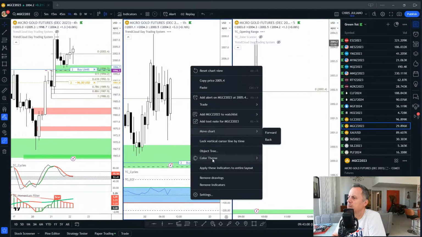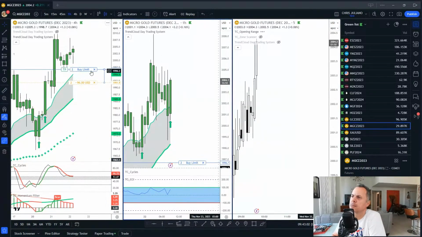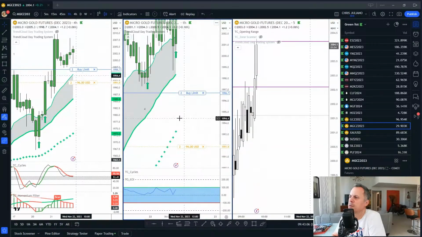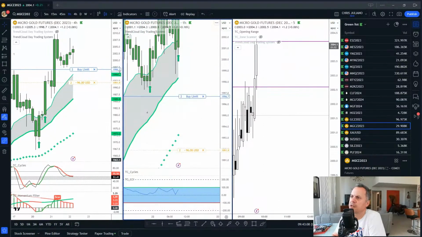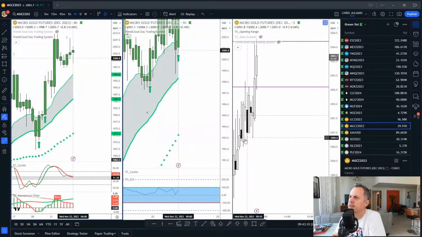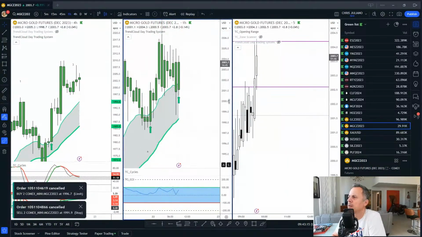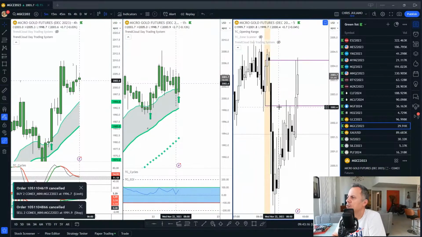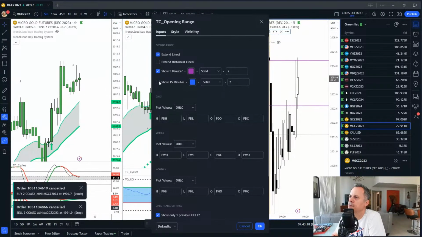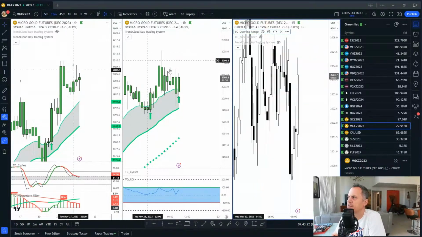Clear the chart. Okay, we still have that setup from yesterday. Let's remove that. Do everything again. Micro gold, we've got to switch it to 15-minute and get back over to that 15-minute chart, and let's see what's going on here.